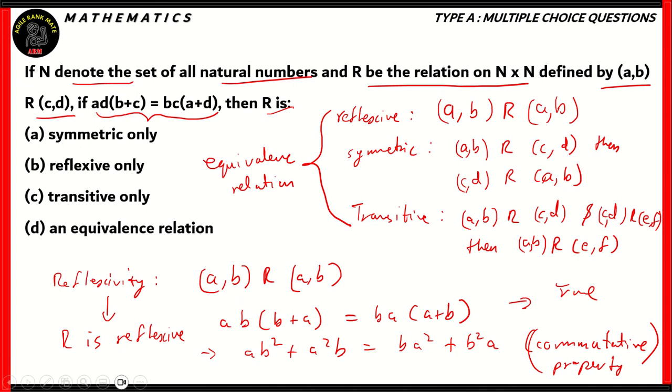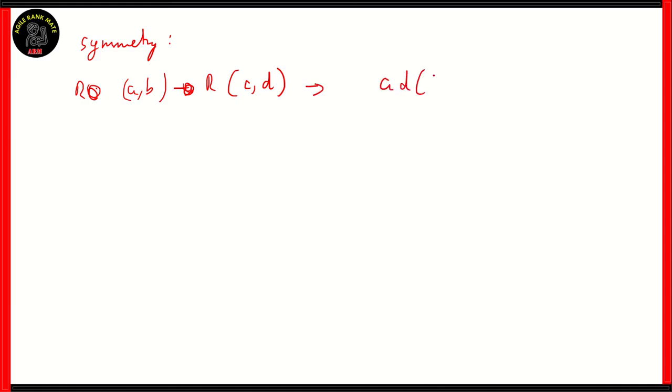You might be tempted to check B only as the answer. However, we've got two other tests to work on. So let's look at symmetry. We have R as a relation, so (A,B) and (C,D) are related with the relation R. That means AD(B+C) = BC(A+D).